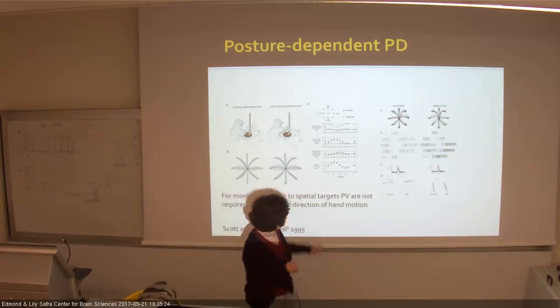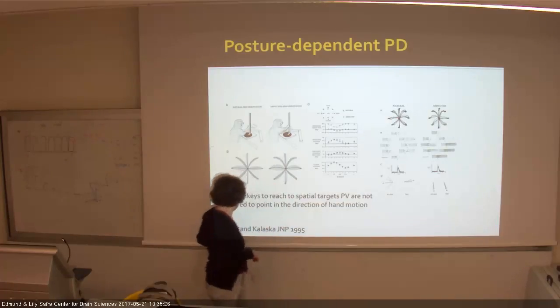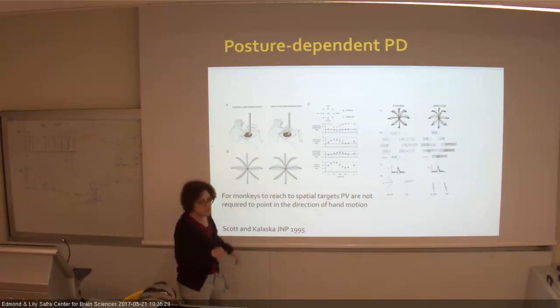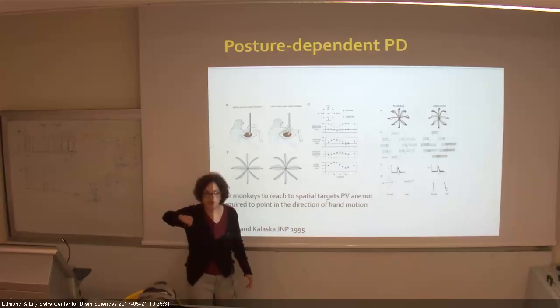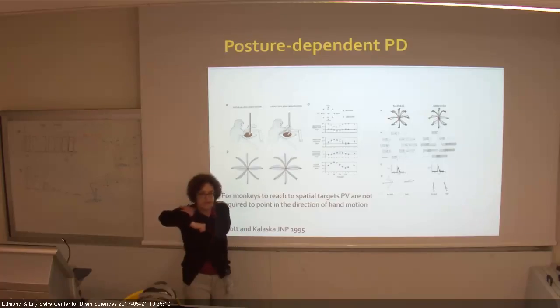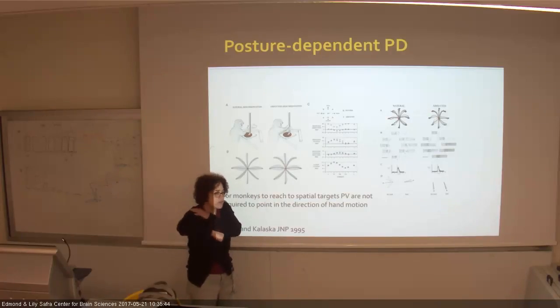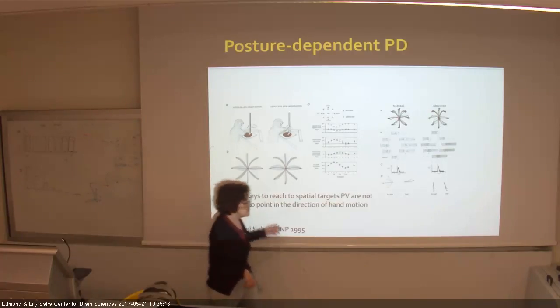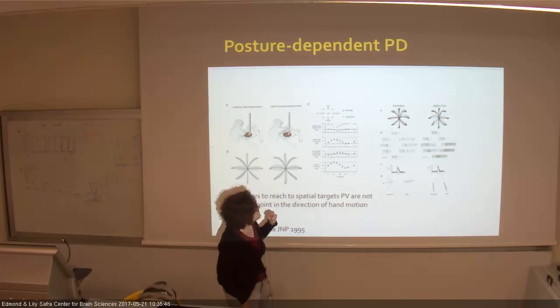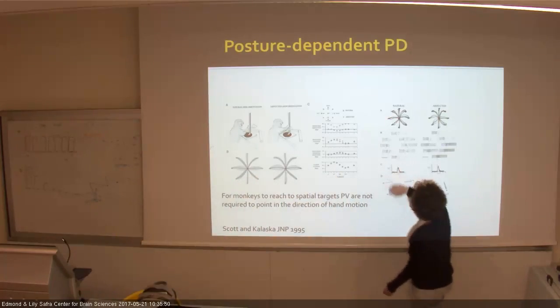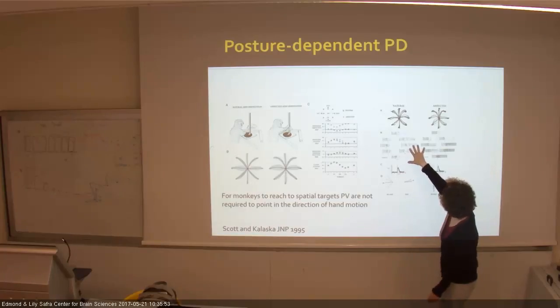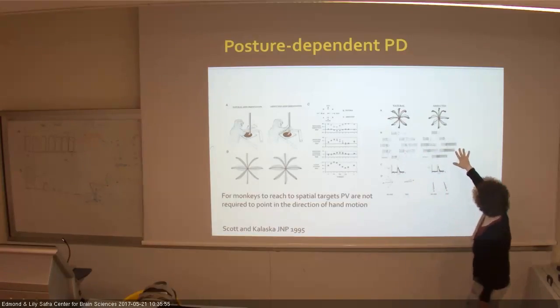of context, of task, of posture. So this is the work of Scott and Kalaska, who trained the monkey to perform the same type of movement, center-out movement, but with a different hand posture. In one of them the monkey was holding the manipulandum like this, and in another posture there was a shoulder abduction, and they found that the preferred direction of a single cell can drastically change between the natural position and the abducted position.